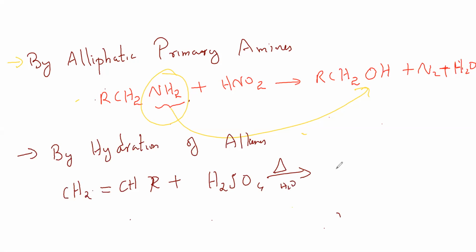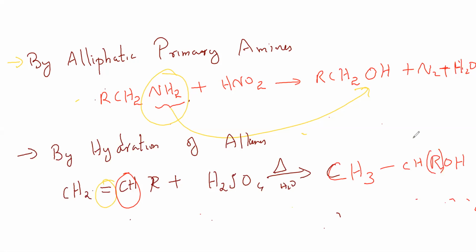Then I'll get what? This double bond will get broken down. One more hydrogen will get added, so I'll get CH3. Then the CH, I'll write as it is, CH3CH, and instead of R, I can write ROH. This R is my substituent group.